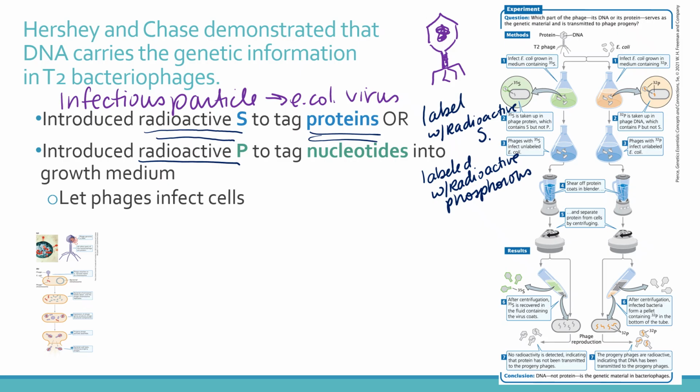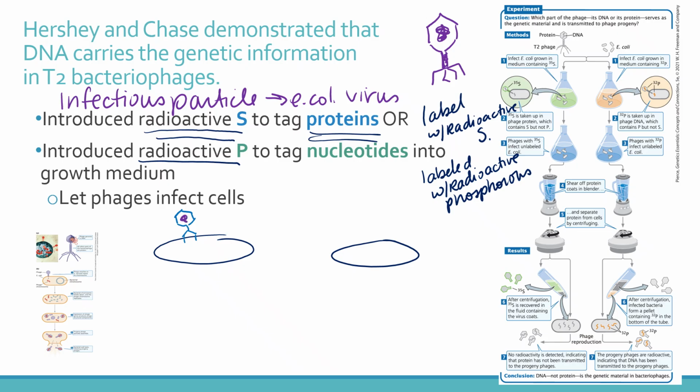So what we get, two different cells, two different solutions, one with that radioactive sulfur for the proteins, and I'm going to make our DNA purple for now because we know that that's separate.